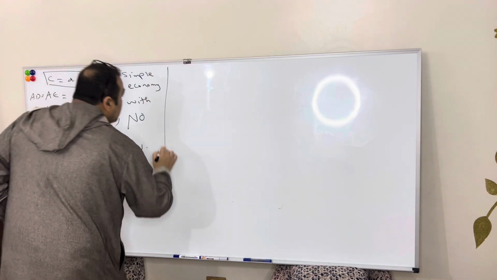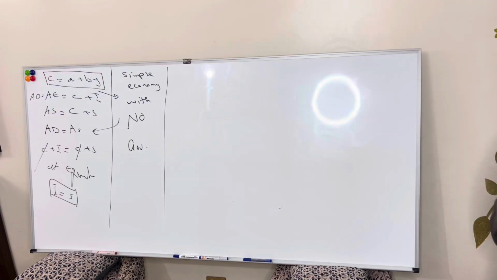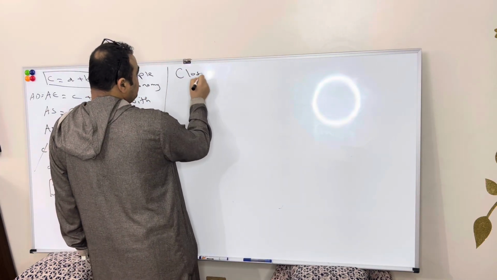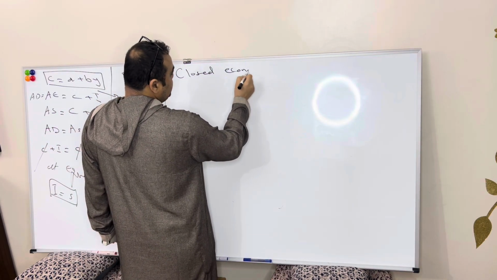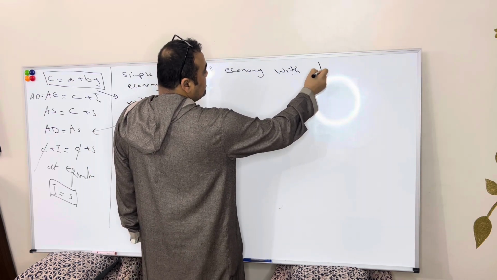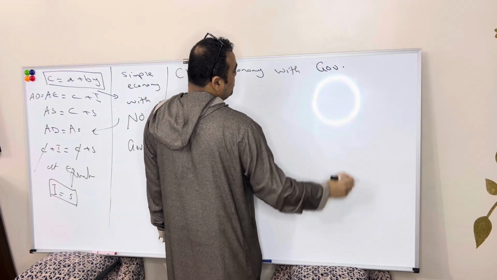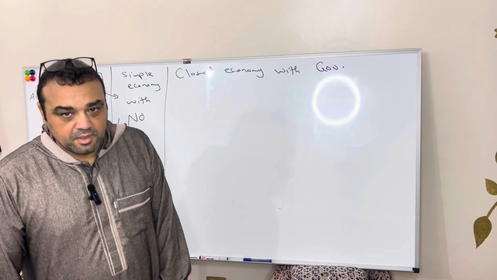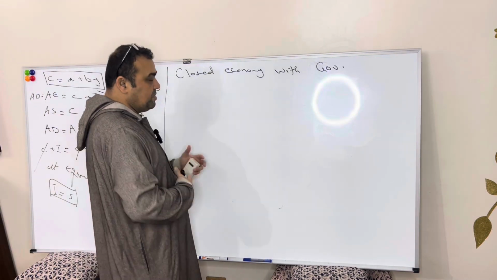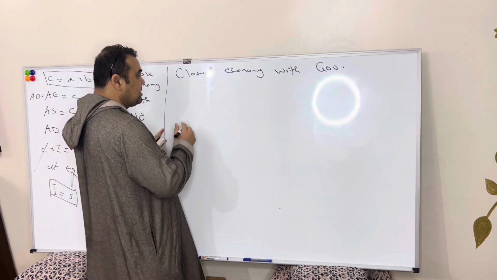Now we will add the government to the model, in the closed economy with government, which means that we talk about the economy under the closed assumption. There is no interaction, no exporting, no importing.